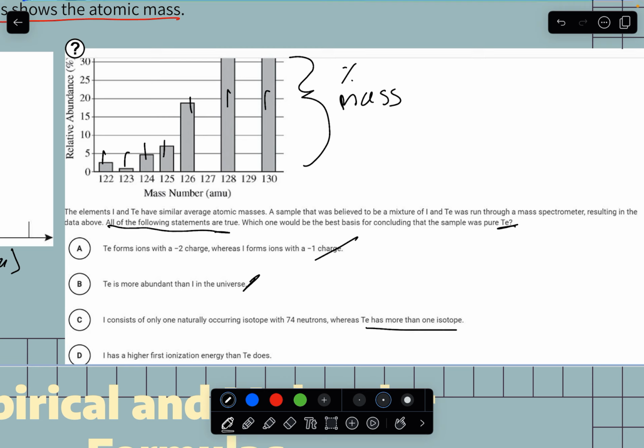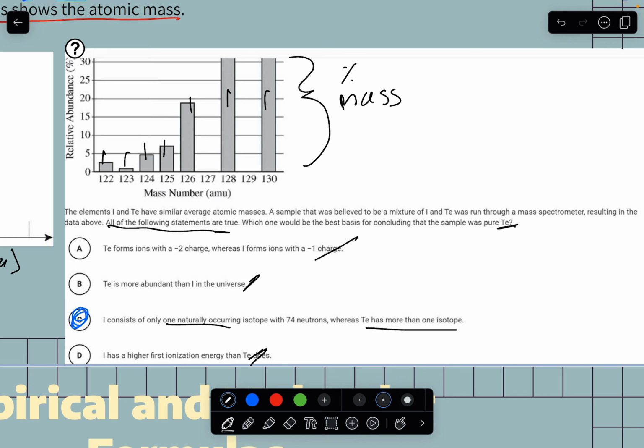So that supports that tellurium has more than one isotope, but saying that iodine only has one naturally occurring isotope would mean that it would only have 1 bar, not 7. So this one might be true. We're going to leave it. And then D, iodine has higher first ionization energy than tellurium does. Even if that's true, again, it does not have anything to do with this graph, so that's not right. So we know our correct answer is going to be C.